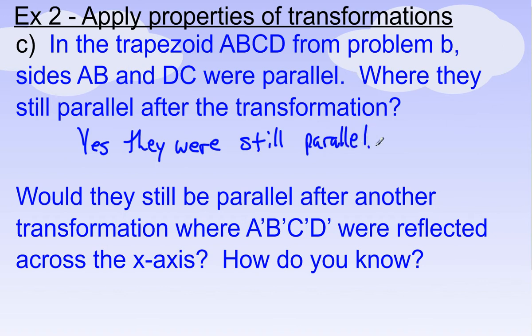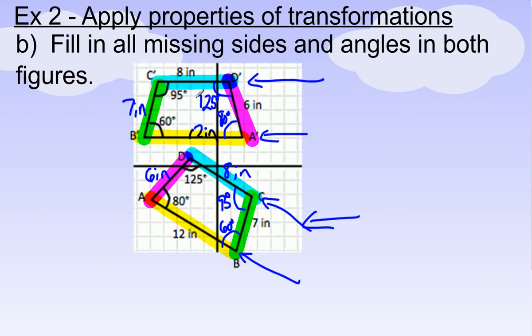Would they still be parallel after another transformation where A prime, B prime, C prime, D prime were reflected across the x-axis, and how do you know? So if I took this image and reflected across the x-axis, so it would be down here now, would they still be parallel? The answer would be yes, of course they'd still be parallel, because again, these transformations are rigid, so the shape did not change.